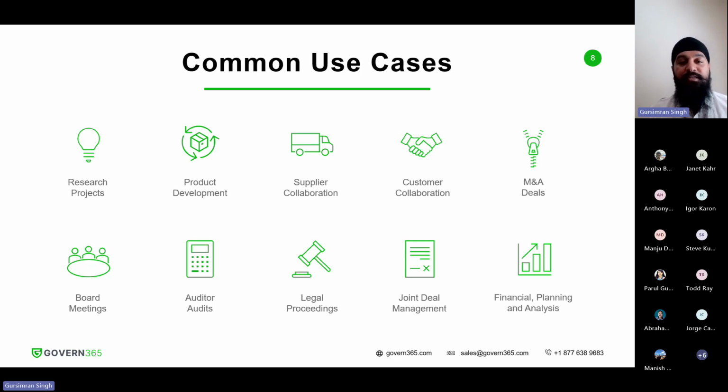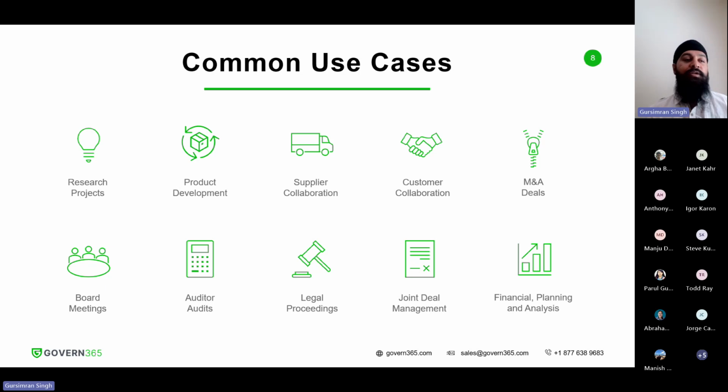So this is one of the biggest things that virtual data rooms are used for in general. But we've gone beyond that use case and allowed a lot of other different use cases to take advantage of the technology here. Board meetings, audits, legal proceedings, joint deal management.